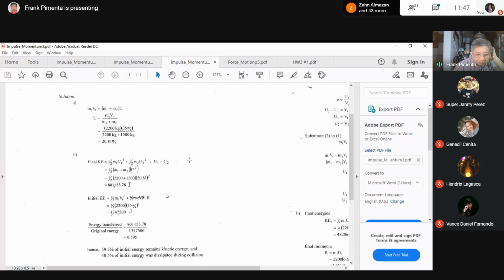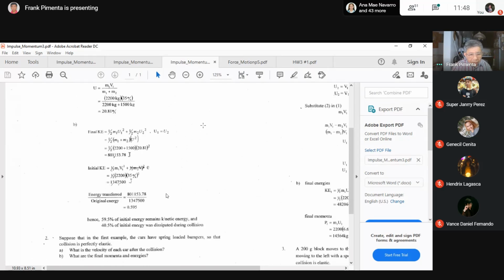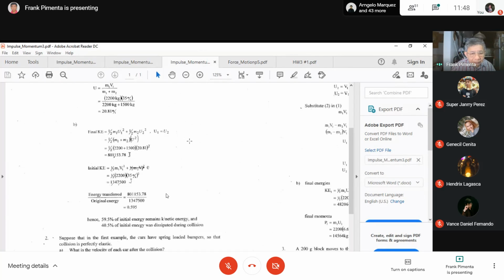Now, for the energies, since there is velocity, there's motion, there's kinetic energy. And the question is the percentage of initial energy dissipated in the collision. So, computing for the energies, the final kinetic energy is after the collision, the initial kinetic energy is before the collision. The formula for kinetic energy is 1/2 mv squared.